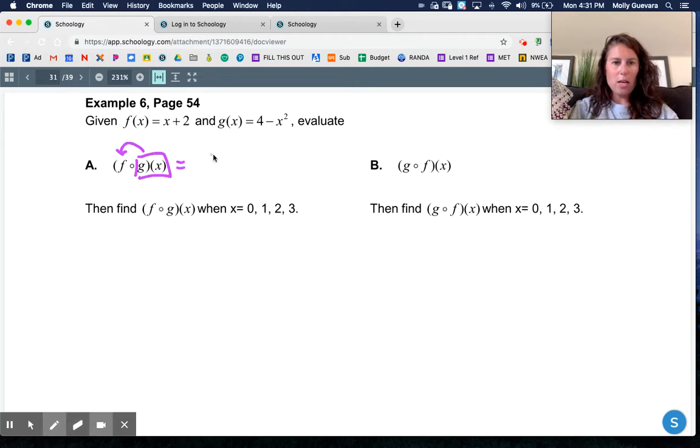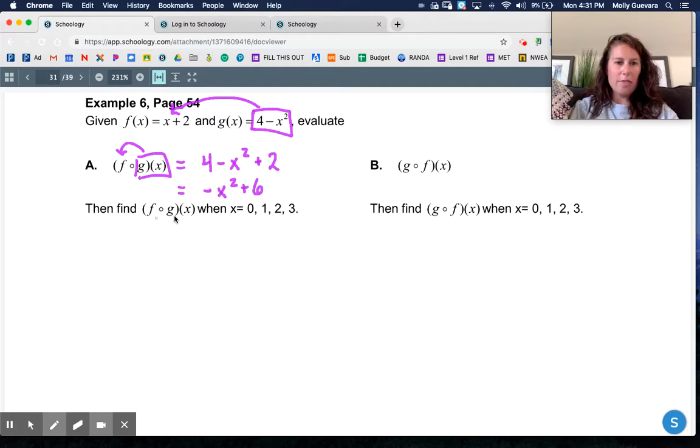So f with g of x equals, I'm going to take my g and plug it in to my f. So I have 4 minus x squared plus 2. And if I simplify this, I get negative x squared plus 6.